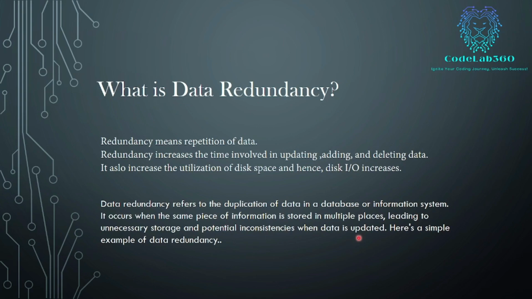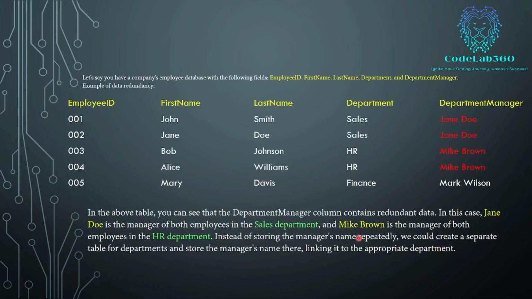Let's see what the next example shows. Let's say you have a company employee database with the following fields: employee ID, first name, last name, department, and department manager. Employee ID 1, the first name is John, last name is Smith, and department is Sales.